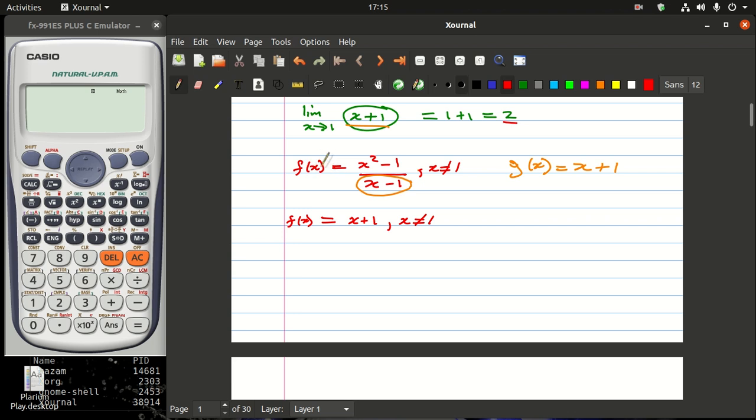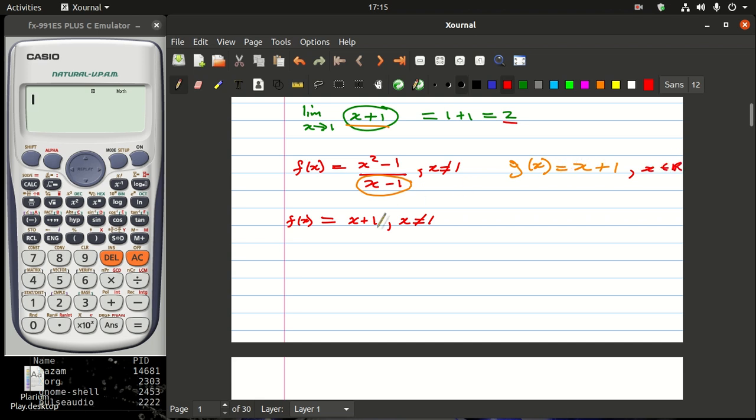Hence, when we are finding the limit of this whole thing, we factorize and end up getting this, which is equal to g of x everywhere else except at that point. The reason this function is not equal to that is because f is not defined when x is equal to 1, but this one, x is an element of real numbers, so it is defined everywhere.